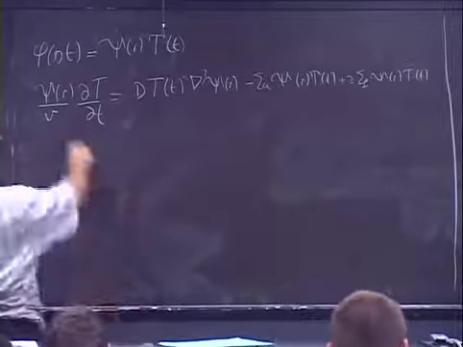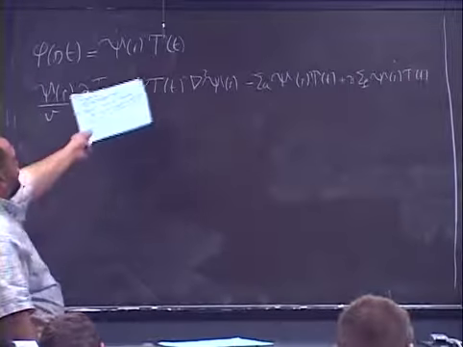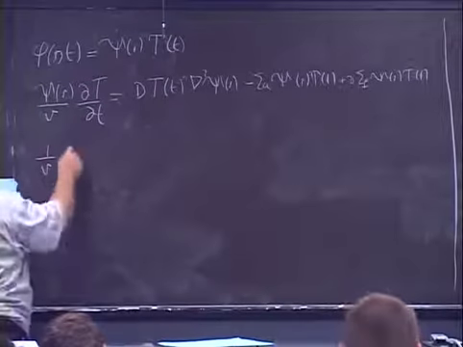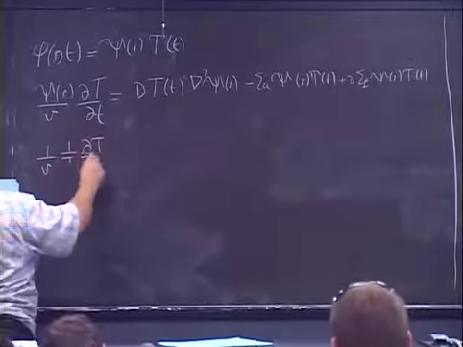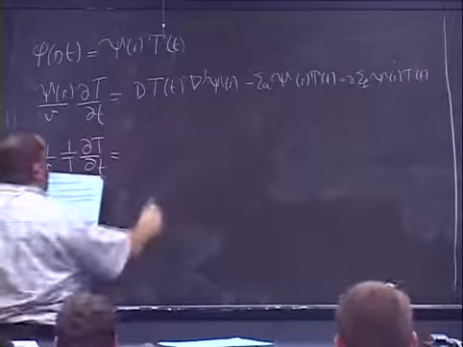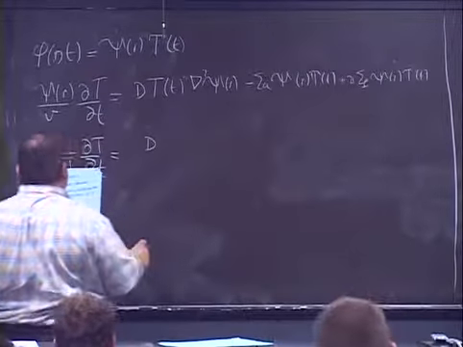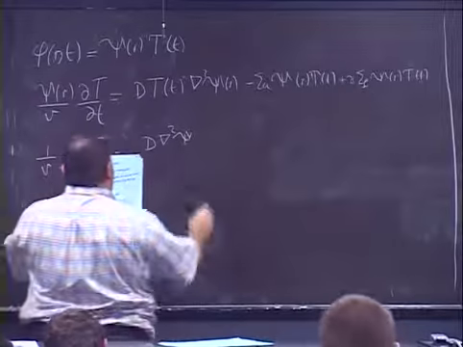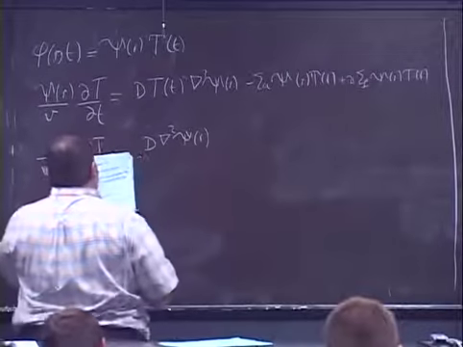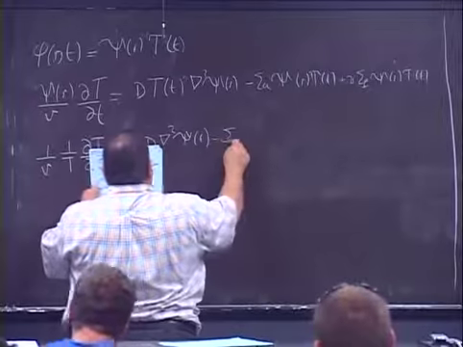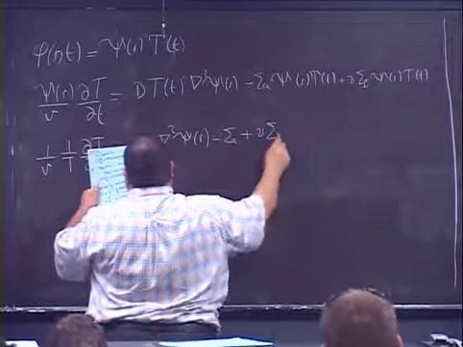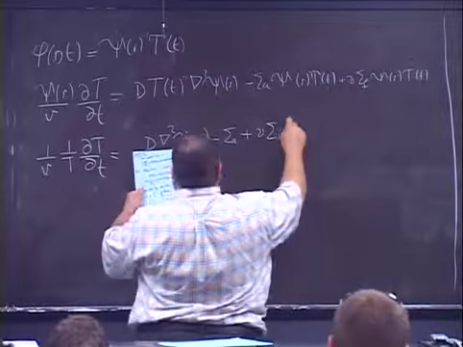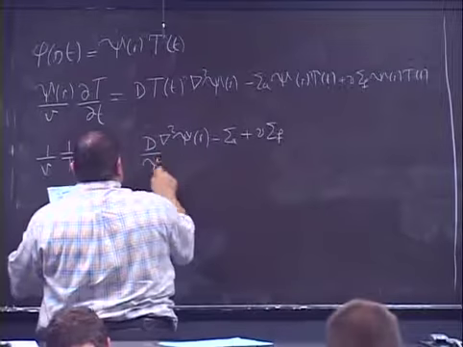If you divide by psi and T on both sides, you will get 1 over v, 1 over T, dT by dt, equal to D nabla square psi of r, minus sigma absorption plus nu sigma fission, all over psi.